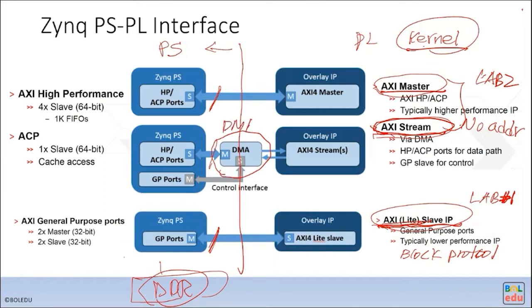For the DMA IP, you need to specify the starting address, because a stream is just a FIFO. It does a sequential access, but no address. So the address will be programmed into the DMA IP, and the DMA IP is used to generate the address to access the memory.